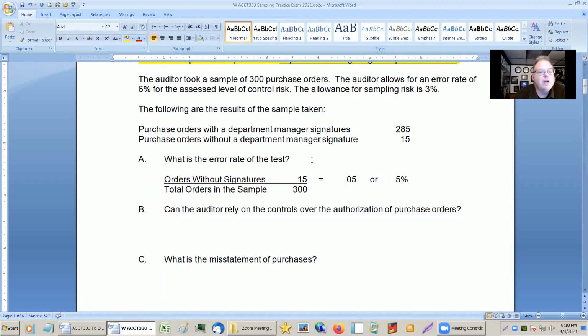So what was the error? 0.05, or another way to say it, same thing, is 5%.